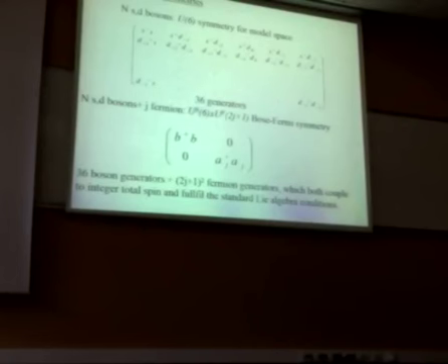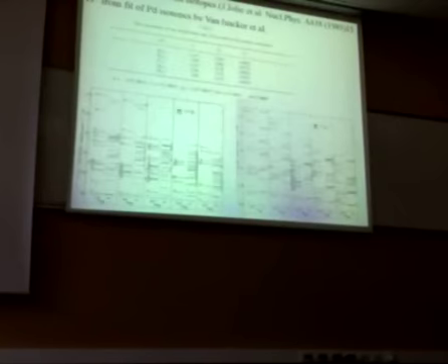Excuse me, can I ask a question? Could you go back to the previous slide? I'm interested in how the exchange part affects things. If you turn off the exchange part... No, the exchange part is important.